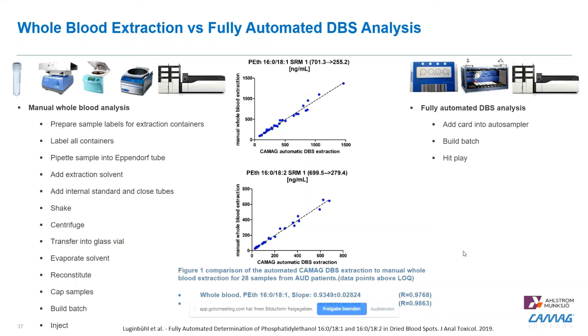On the other hand, for our manual whole blood analysis, we first labeled all the extraction containers, then pipetted the blood samples into Eppendorf tubes, added extraction solvent and subsequently internal standard, shook the samples for at least 20 minutes, then centrifuged for 10 minutes, afterwards transferred the supernatant into a glass vial, evaporated the solvent, and afterwards reconstituted the sample to be ready for the LC-MS injection.